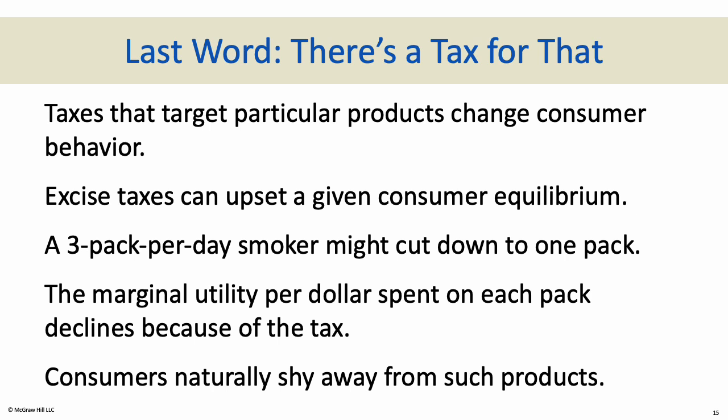So as a consequence, they aren't always as effective as we think they are, but the logic behind them is make the product more expensive, reduce the utility per dollar, and as a consequence, get people to cut down on these products. Generally, taxes like this are put on products that we deem harmful to individuals or society. And that's going to bring us to the end of chapter 7.